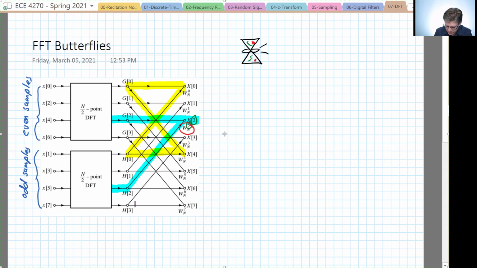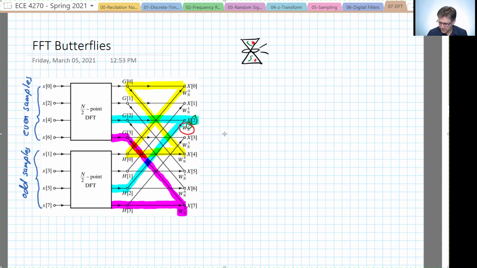Similarly, to get, say, x of 7, we would take this last output from the even DFT and the last one from the odd DFT, and we multiply the odd one by w sub n to the 7th, giving us our output as described there. So this is a way of graphically describing what goes on. You could trace all of those out and see that it all works.